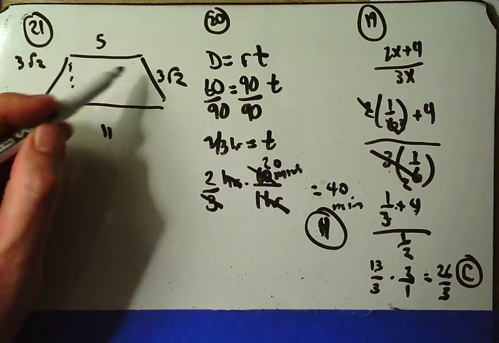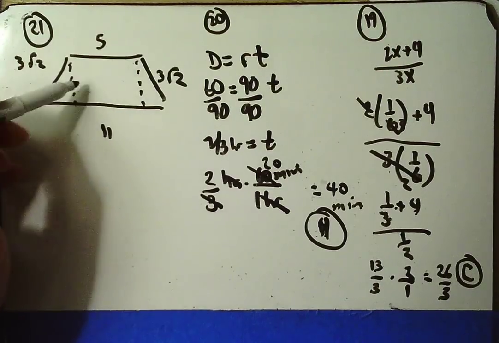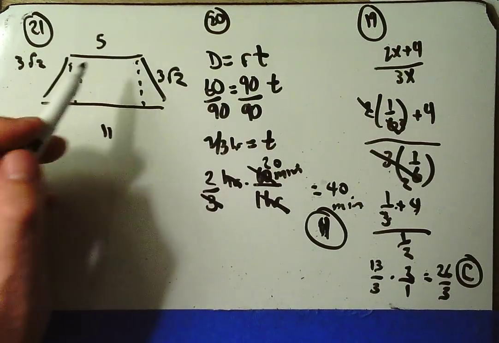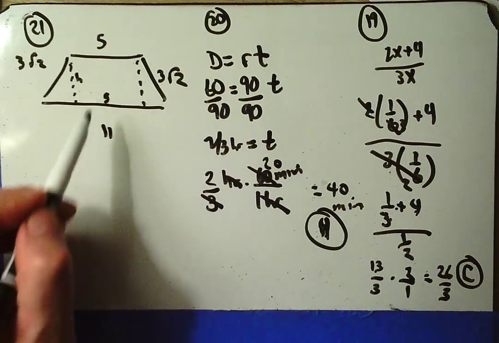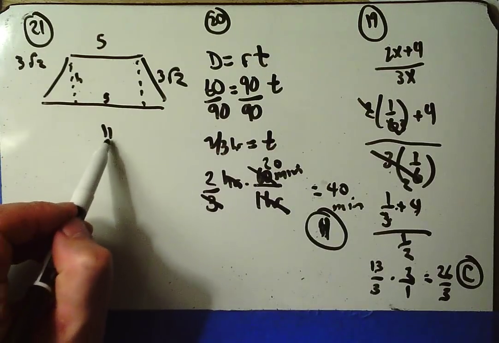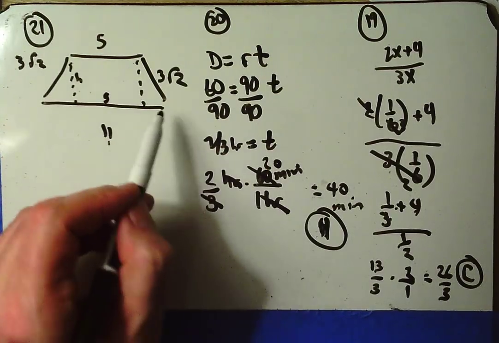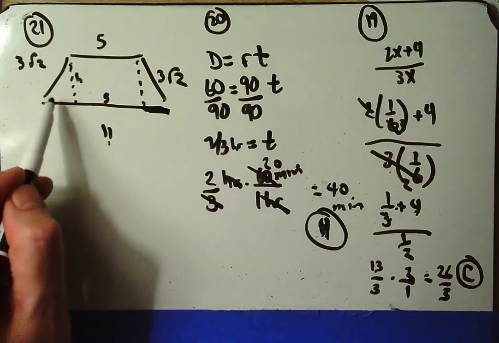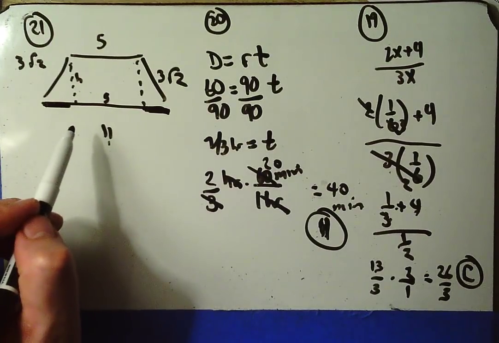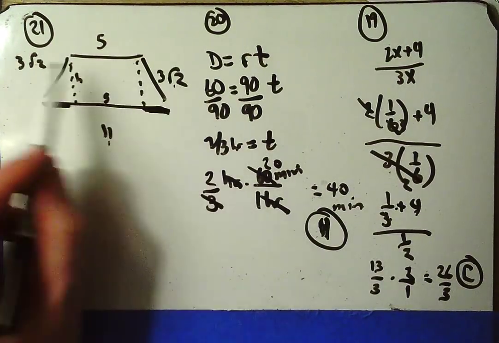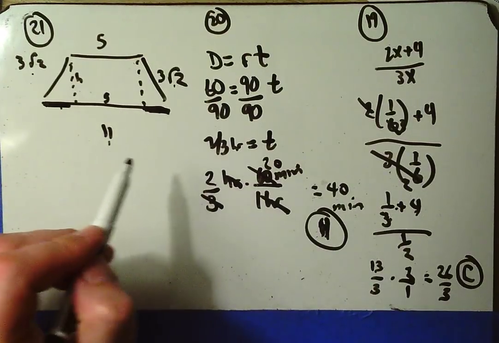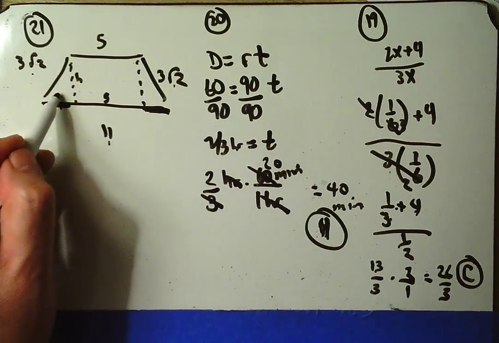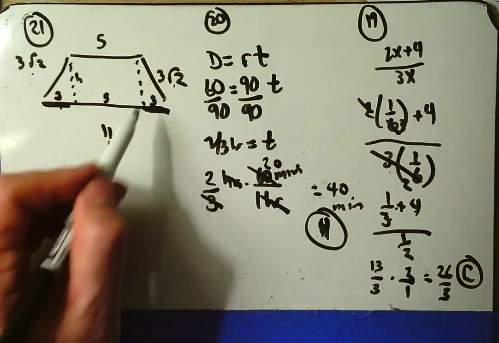Well, if I draw in these heights, this would be 5, and this whole thing is 11. So how much do I have split for here and here? A total of 6. And because these sides are even, these have to be even as well. So each of these must be 3.